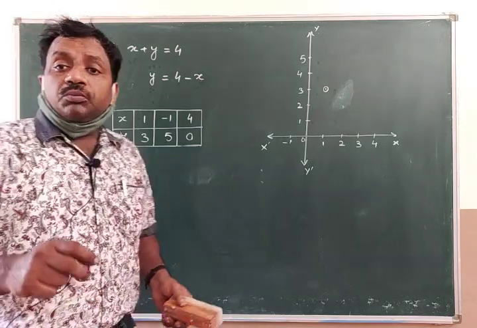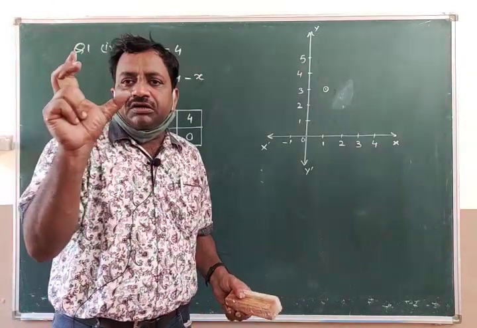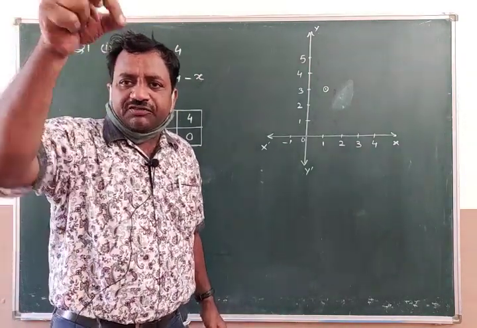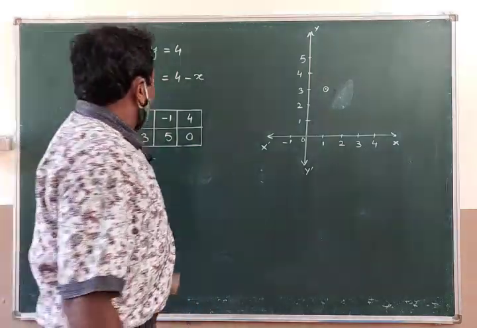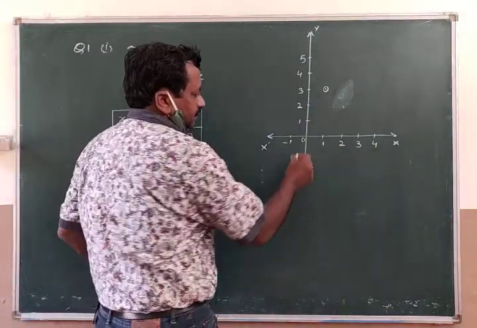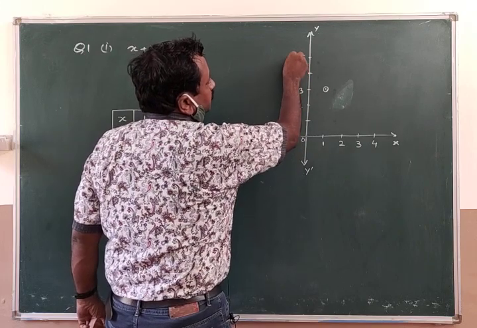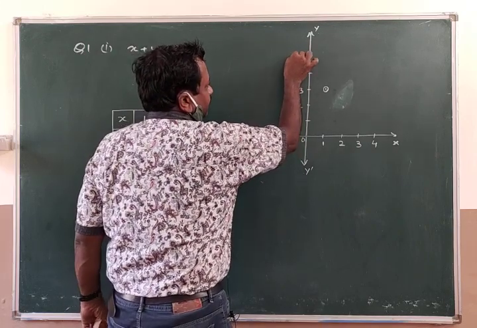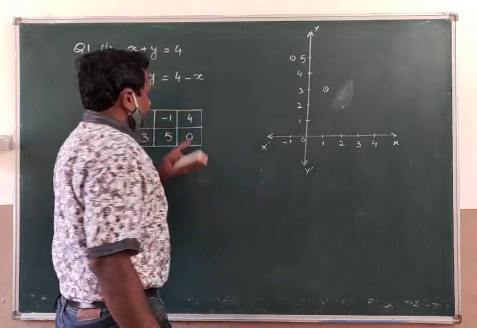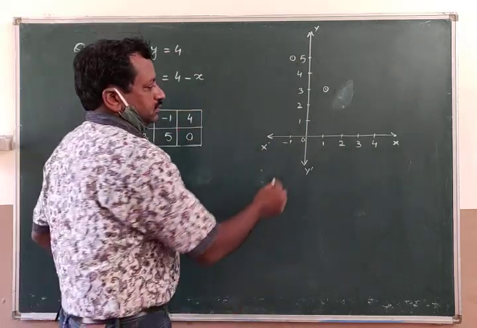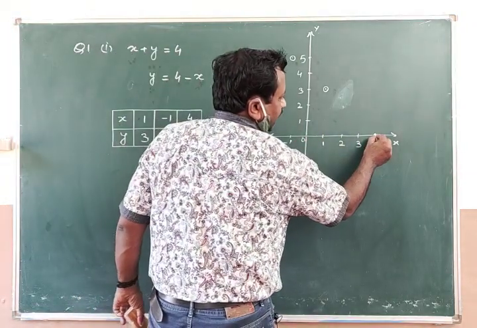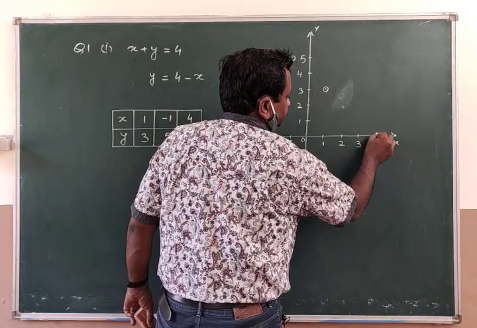Don't make the point so dark and so big. Just prick and circle it. Similarly, minus 1, 5: minus 1 and then 5. Just prick and circle it. Then 4, 0, that is 4 and 0.